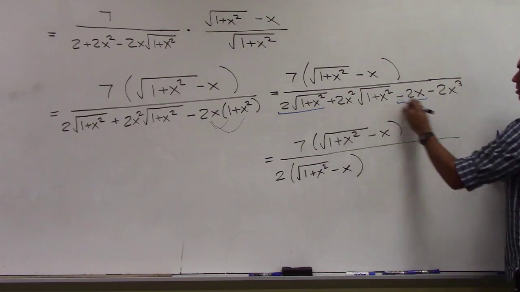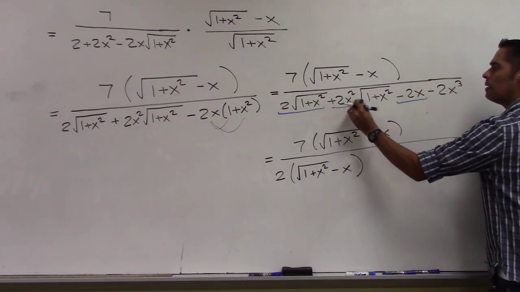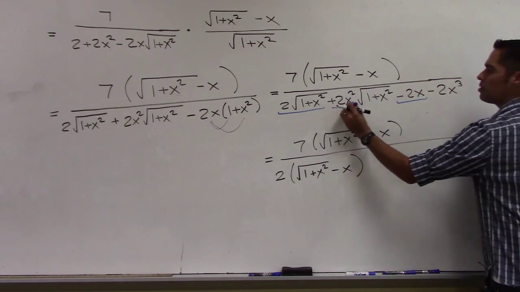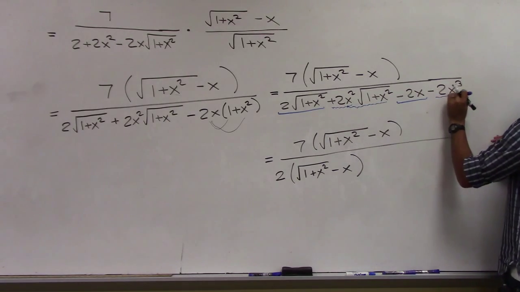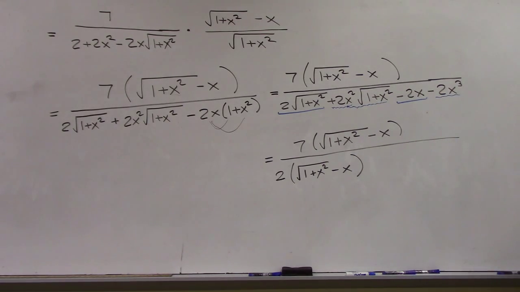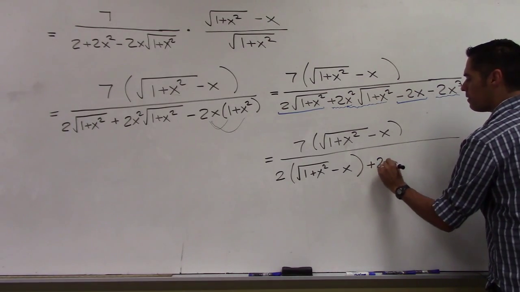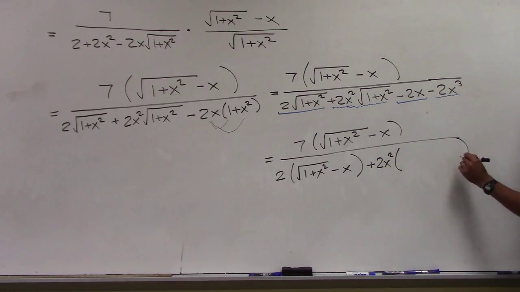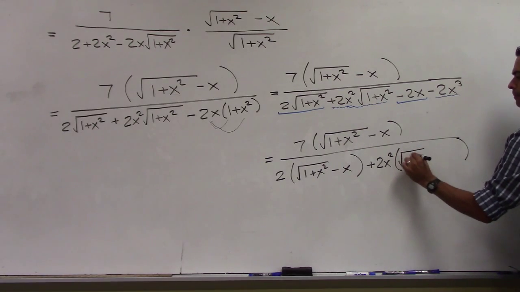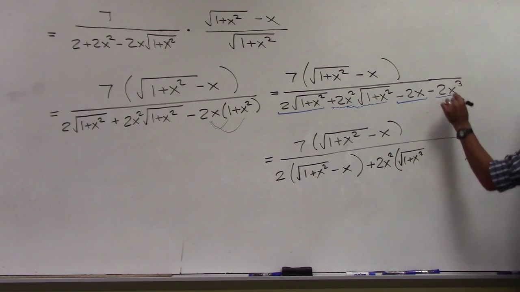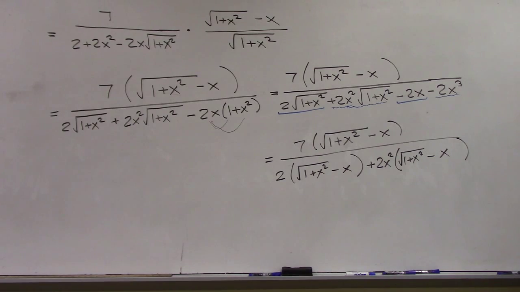But we still have these two to work with, so we have to look at this one. Oh, wait, this whole thing and this whole thing. And what can I factor out of both of those? A 2x squared. So I pull a 2x squared out of those, and you're left with the root again, and then over here minus x.